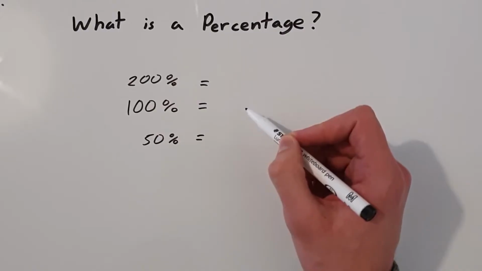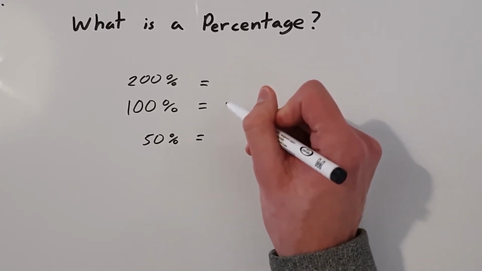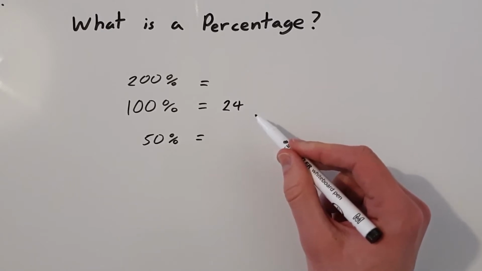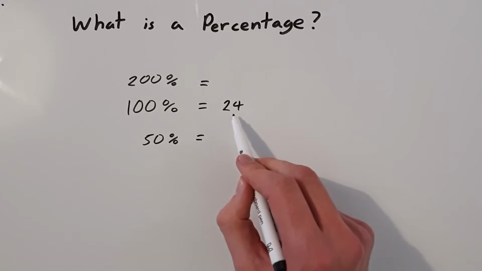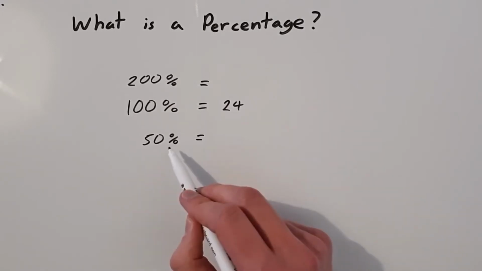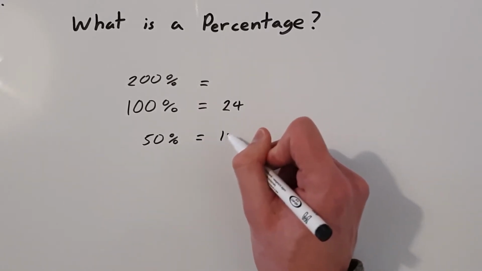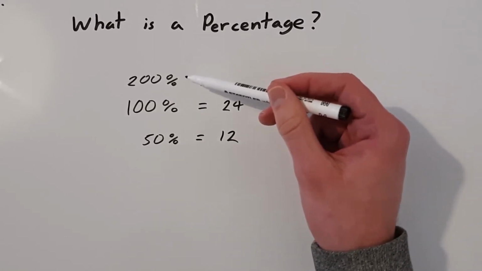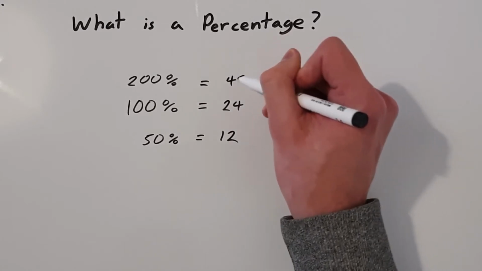Okay, so let's pick another number to show you how this applies to other numbers as well. Let's pick, for example, 24. So 24 is our starting number. 100% of 24 is 24. 50% of 24, because 50% is half of 100%, would be half of 24, so that would be 12. And 200% would be double 100%, so it would be double 24, which is 48.